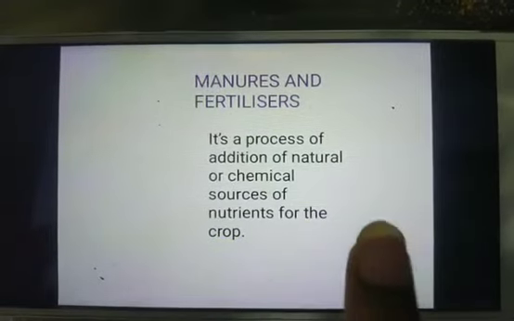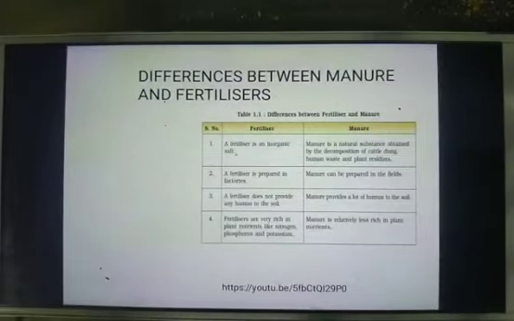In the next slide, there are differences between manure and fertilizers. A fertilizer is inorganic, whereas manure is natural. Fertilizer is prepared in factories and manure can be prepared in the field. Fertilizer does not provide any humus, whereas manure provides a lot of humus to the soil.